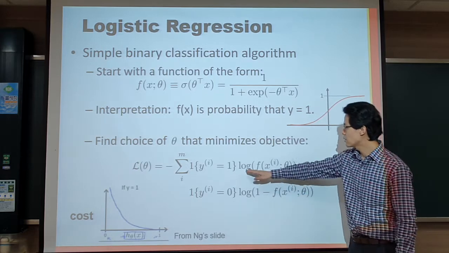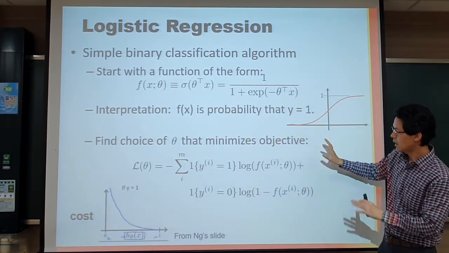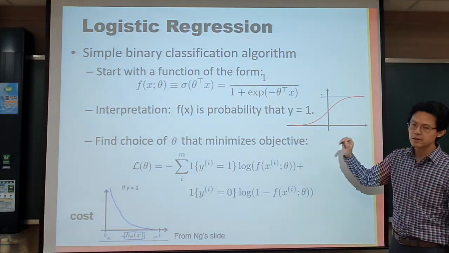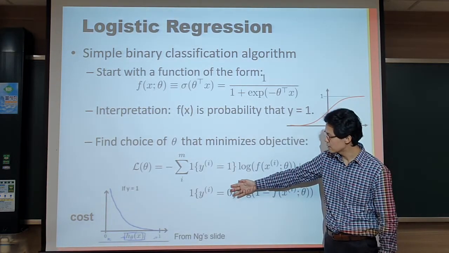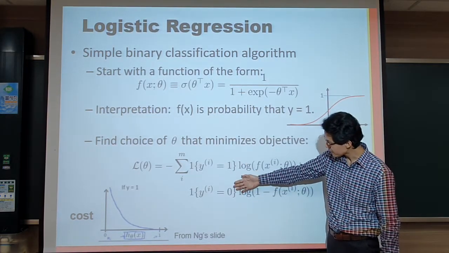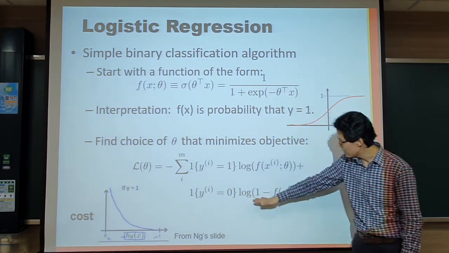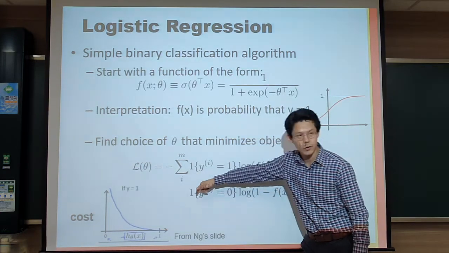We can take the log of this f function, and then we have this shape. The same logic applies to the other cases. If the image does not contain the cat, the probability should be 0, and you should have this reverted cost.